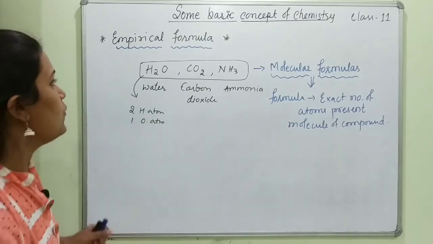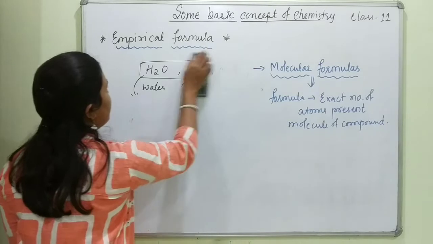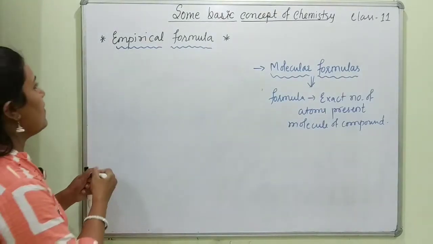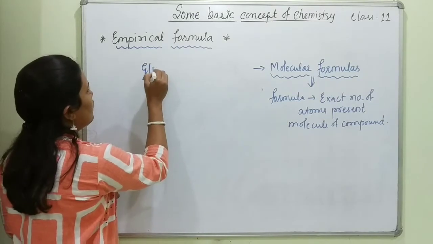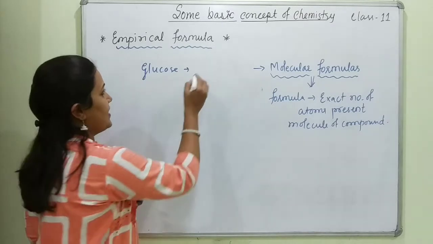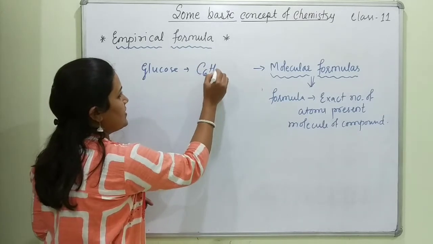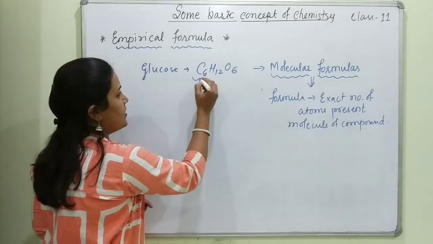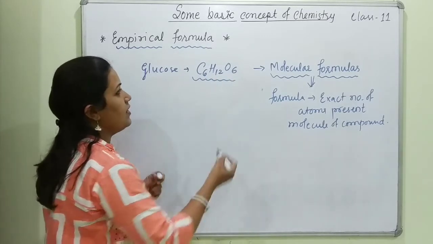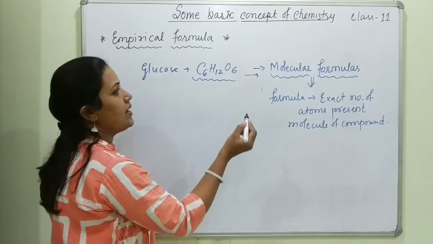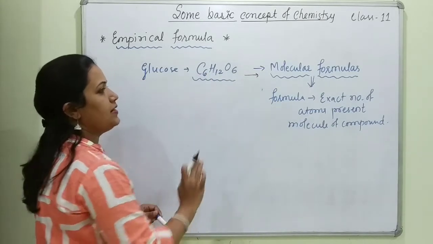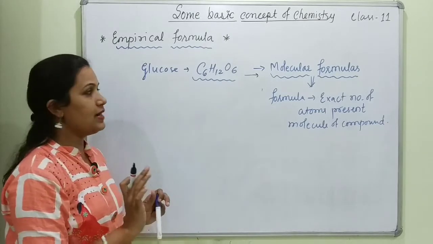Now let me give you a few more examples to understand molecular formula and empirical formula. Everybody knows the formula of glucose, yes or no? The formula of glucose is C6H12O6. This is the molecular formula of glucose, because it shows the exact number of atoms present in that molecule.